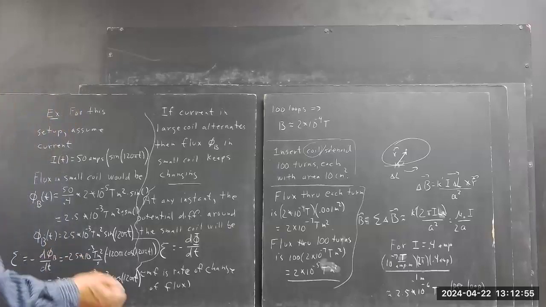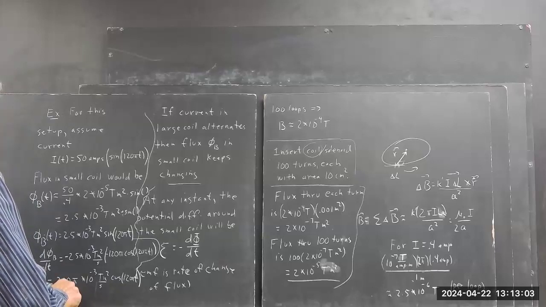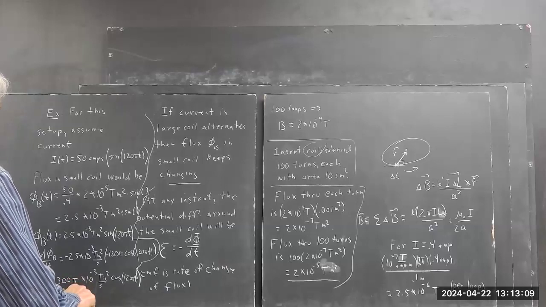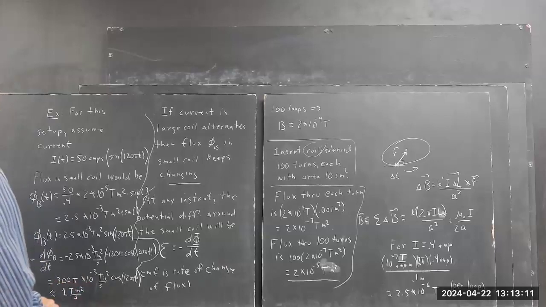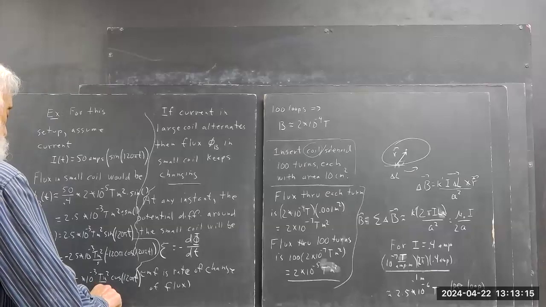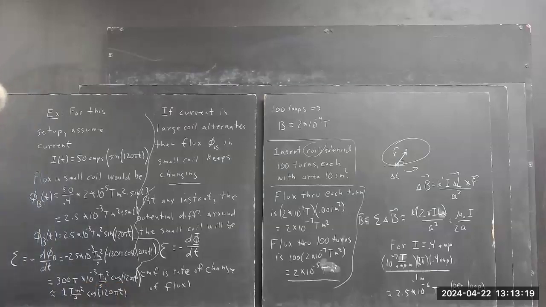They're actually dividing by a t when we do this. And we get approximately, pretty close to 1 Tesla meter squared per second times cosine of 120 pi t.